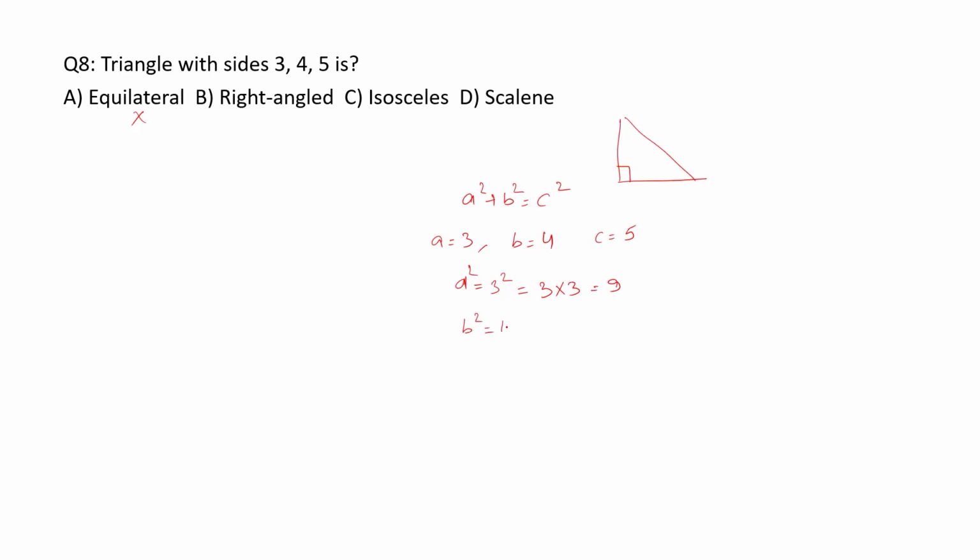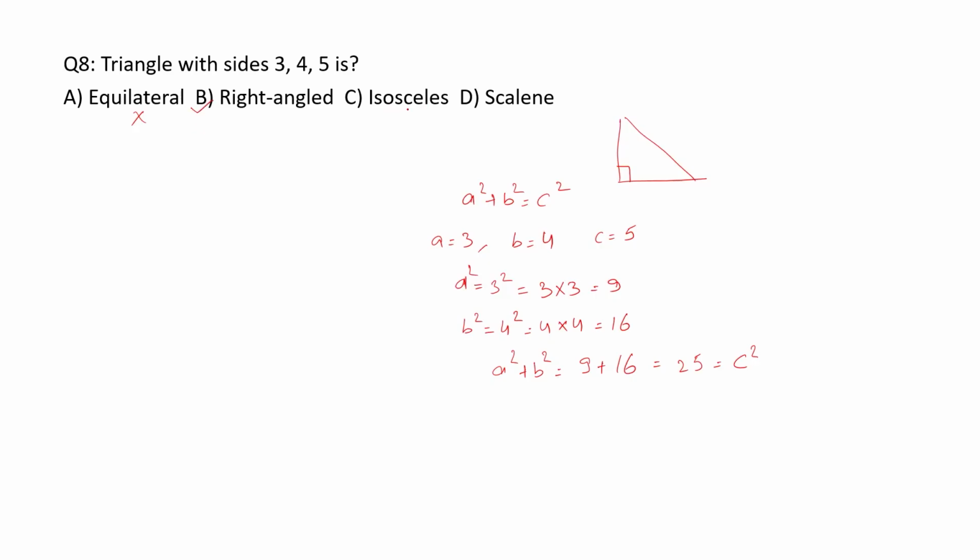B square is 4 square, that is 4 into 4, which is 16. Now add them up. A square plus B square is 9 plus 16, and that is 25. And that is precisely C square. So it is a right angled triangle.